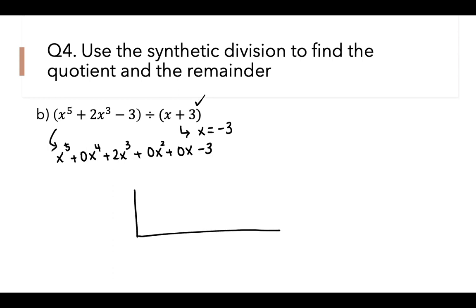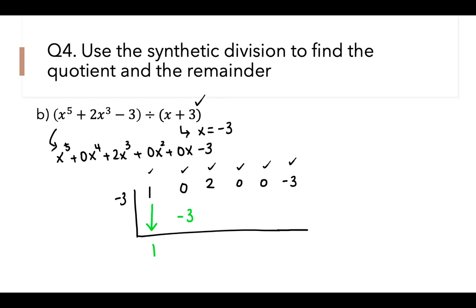Okay, so let's make a half rectangle. Let's write the coefficients: 1, 0, 2, 0, 0, and negative 3. Let's double check the degrees: 5, 4, 3, 2, 1, and 0. And my zero, in this case, is negative 3. Now, the first term, as always, just comes down automatically: 1. Negative 3 times 1 gives me negative 3.